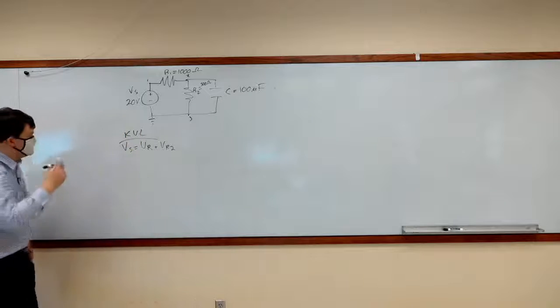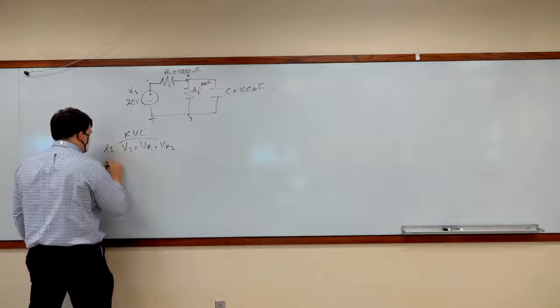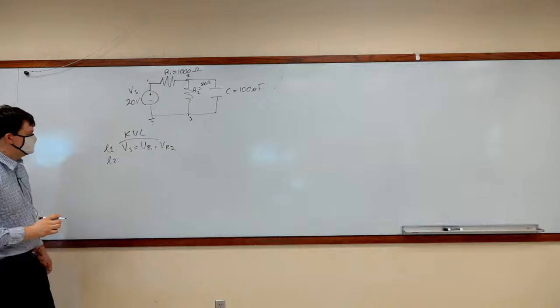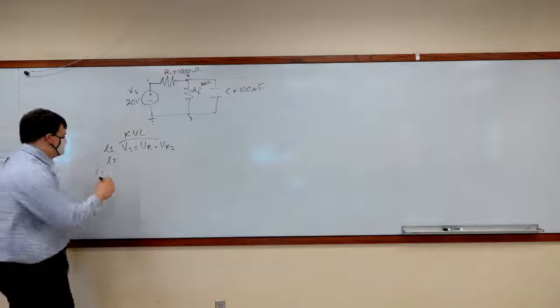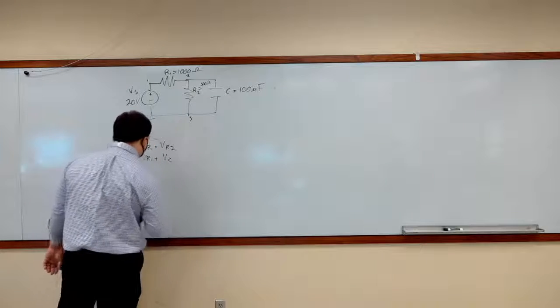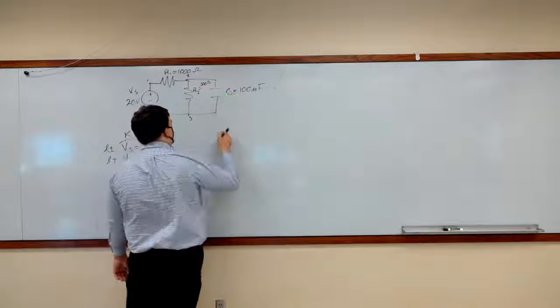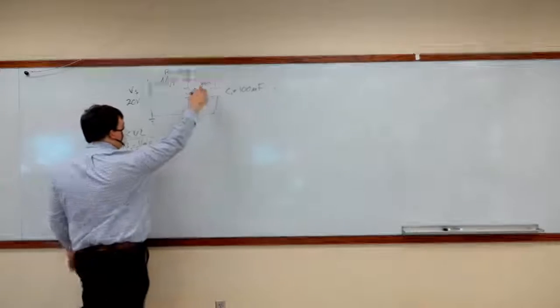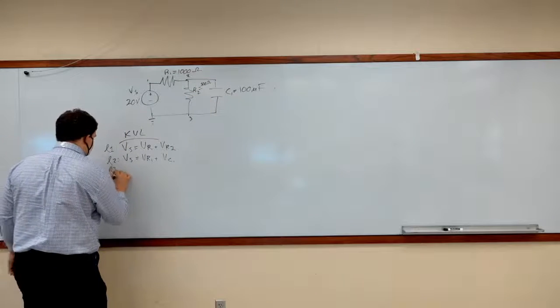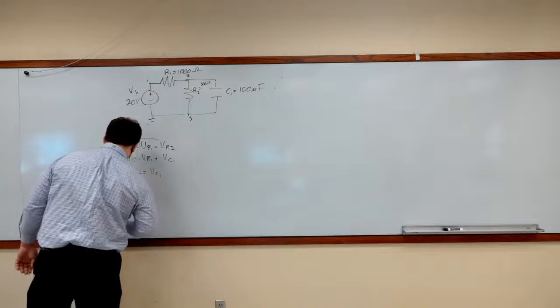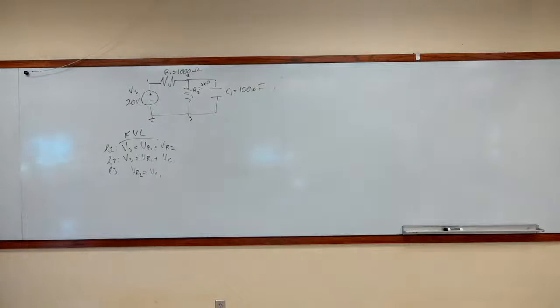There's 1, that's loop 1. And then for loop 2, what is the equation? Sure, why not throw a 1 on there? Okay, and we could actually have a third loop that goes here, and all that's going to say is that in loop 3, VR1 is equal to VC1, oh, VR2, which we can derive from the other 2 equations. All right, that's equation set number 1.